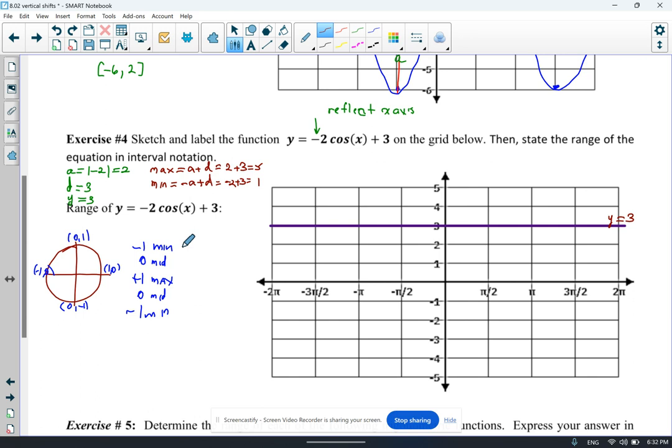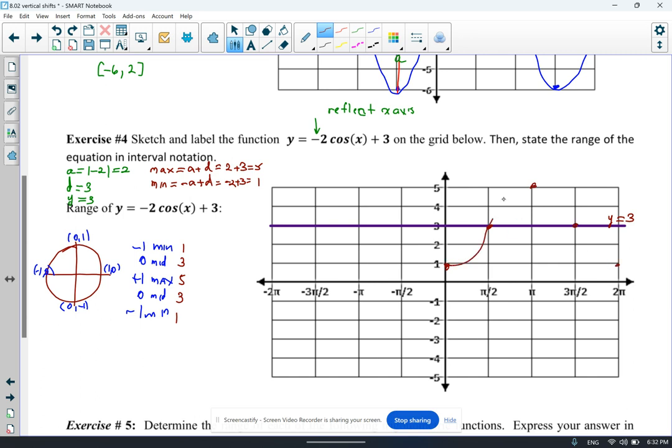Okay, so the minimum value was 1, the midline was 3, the maximum is 5, the midline again is 3, and the minimum value is 1. And so now we can start graphing. So it's 1, 3, 5, 3, 1.